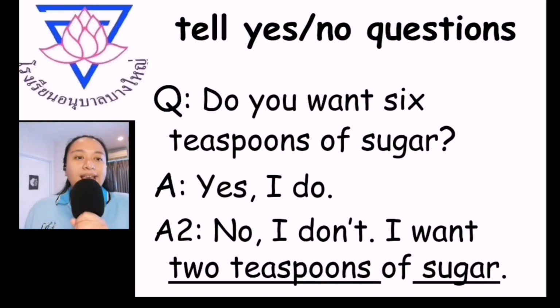If the answer is yes, you will say, yes, I do. Otherwise, if you don't want 6 teaspoons of sugar, you just like 2 teaspoons, you will say, no, I don't. I want 2 teaspoons of sugar.